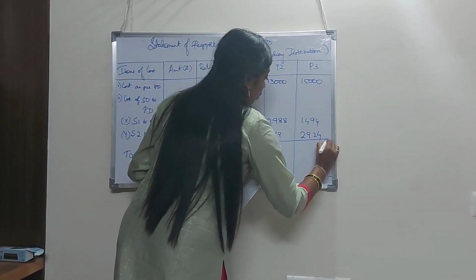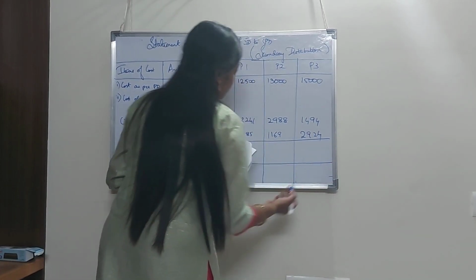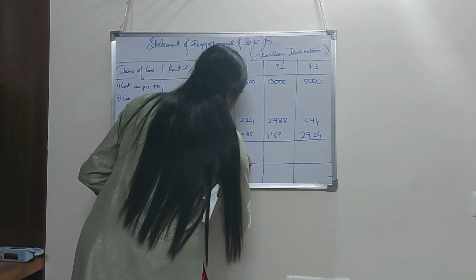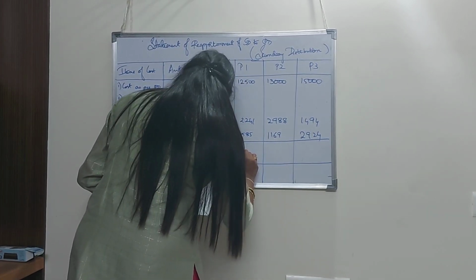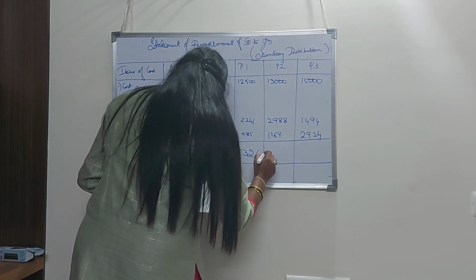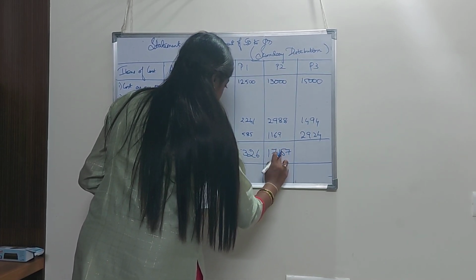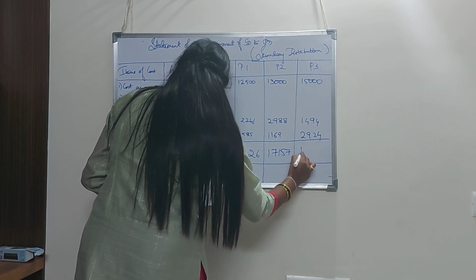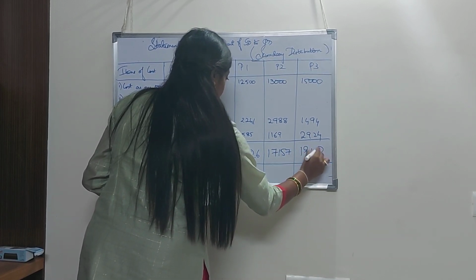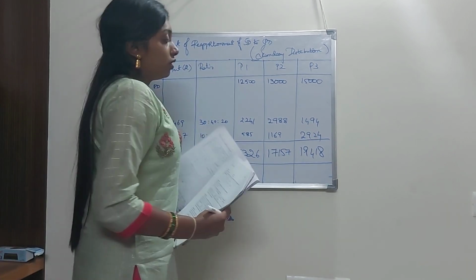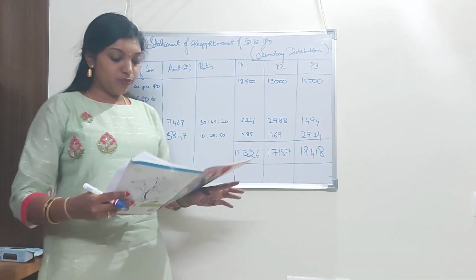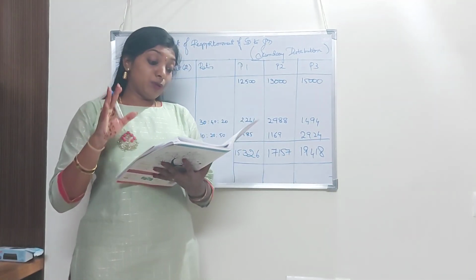So total all the columns, which will be 15,326, 17,157, then 19,418. So this is about problem number 2 or problem number 12.